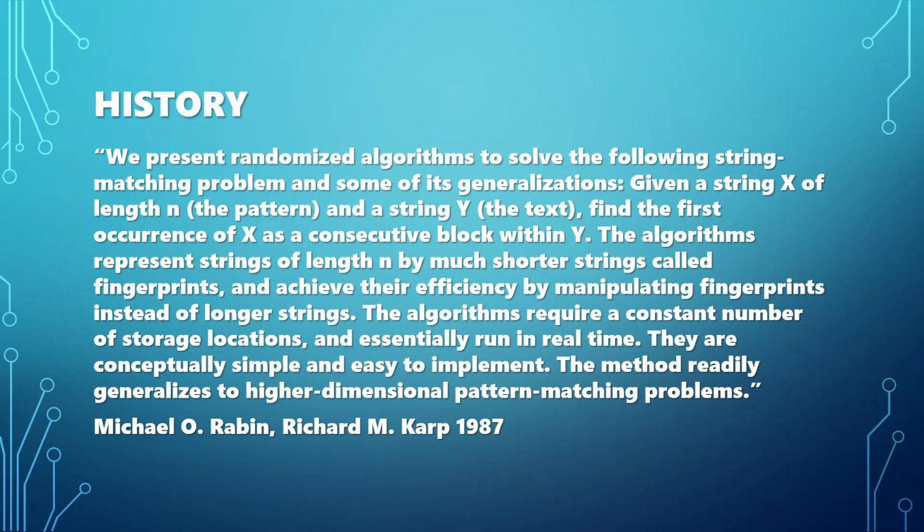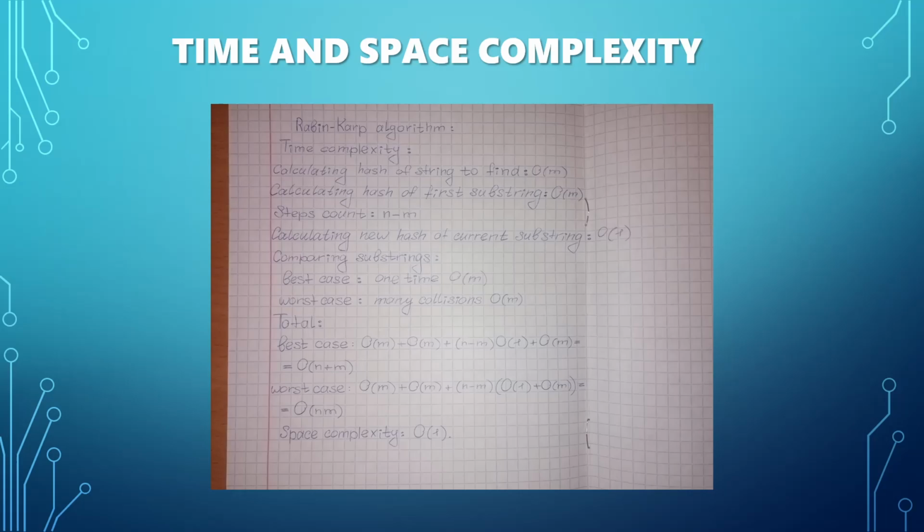And as we start talking about complexity, let's talk about time complexity, which is also important. It's probably one of the main characteristics of any algorithm. And here are my calculations of this time complexity.